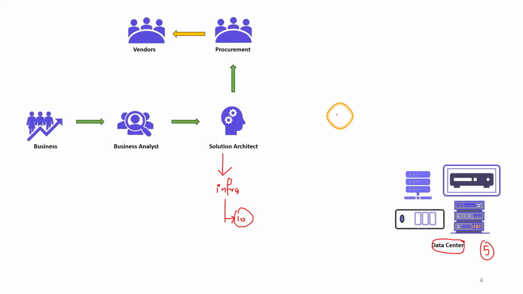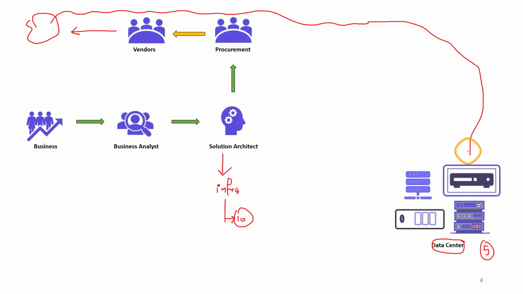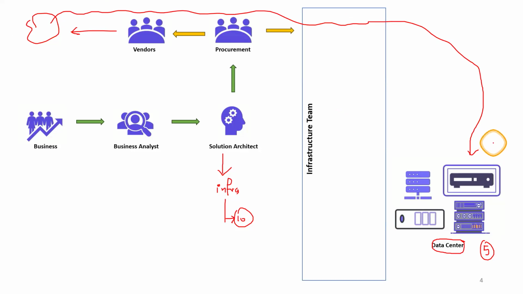What do they have to do, guys? They have to purchase it and deliver it to the data center. Once it is received at the data center, we can't directly use it.